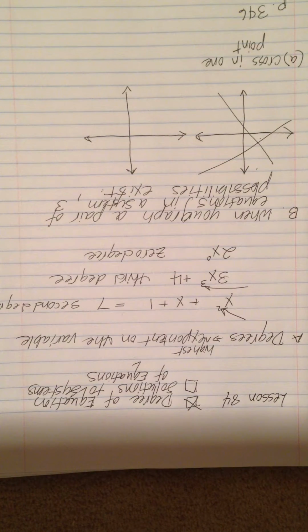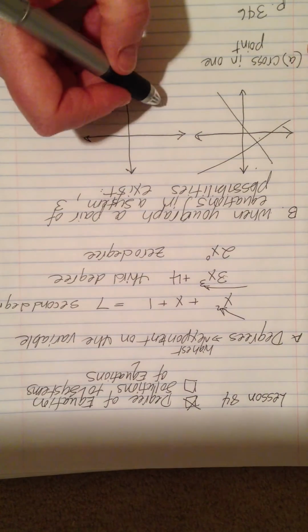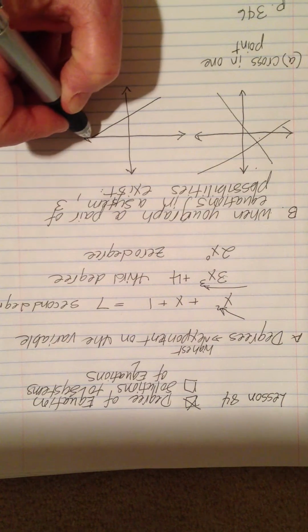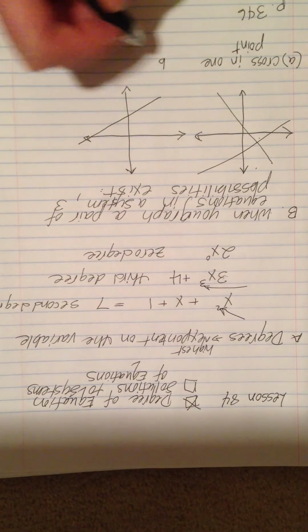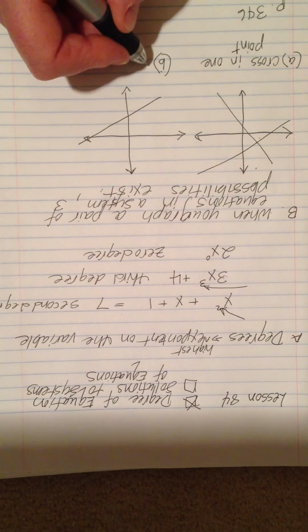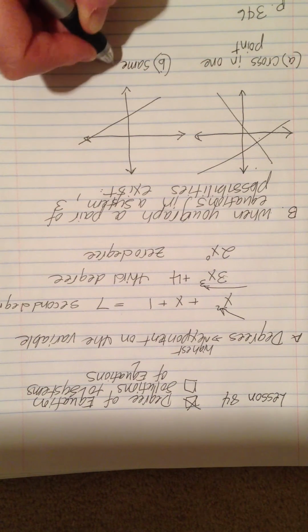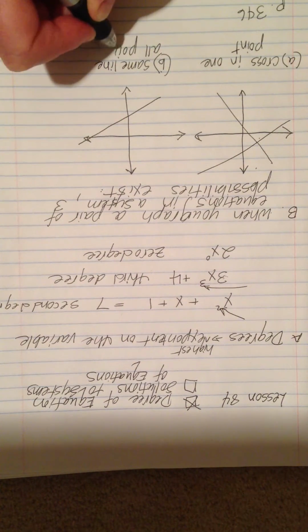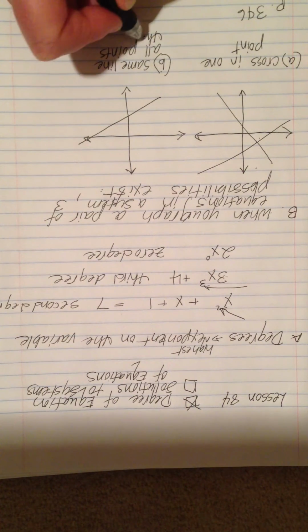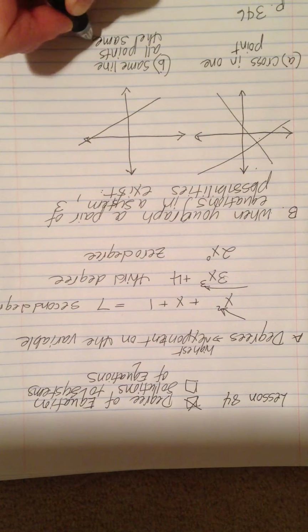The second possibility is that they're both the same line. Okay? So they don't just cross in one point. We graph twice, but we find out that we get same line, all points the same. Doesn't happen that often, but it can happen.